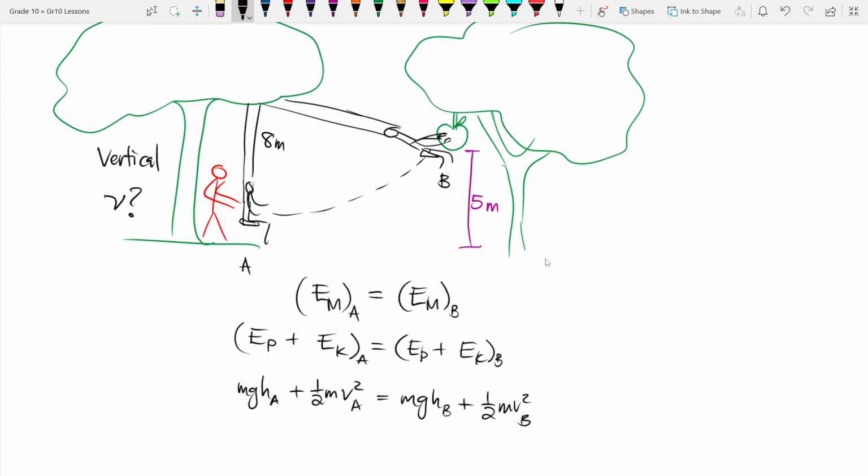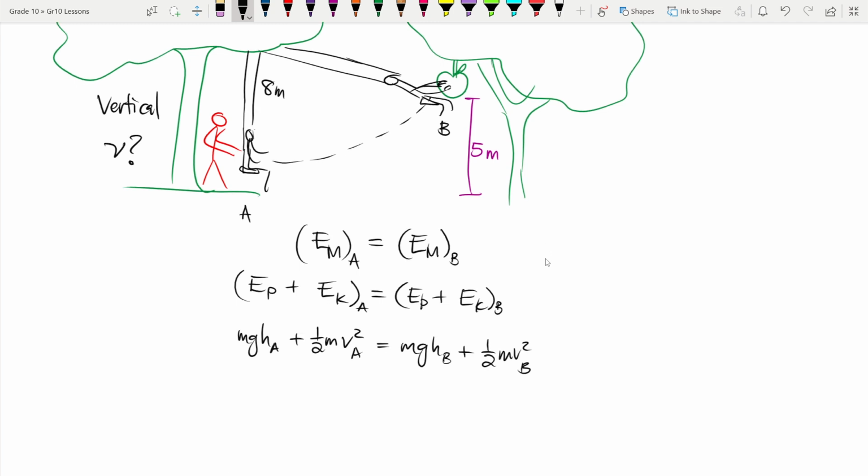Yeah, that's good. Now for the substitution, I know the h at A. I didn't give the mass of the person, so I'm just going to give it even though it's not important. I'll say he's 60 kg. So 60 into 9.8 into 8.